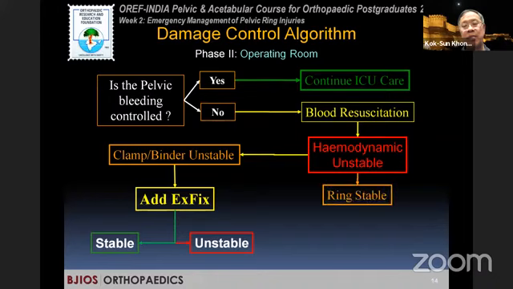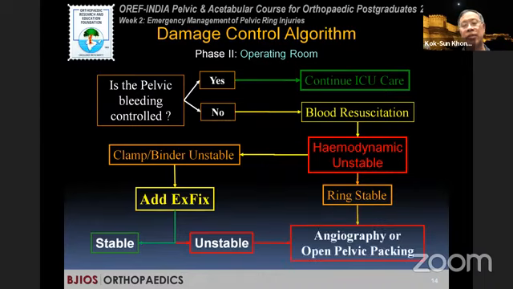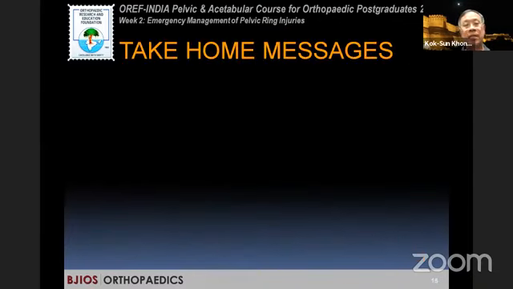If they are unstable and the ring is stable, then your next choice is either angiography in the angiography suite to look for arterial bleeds, or open pelvic packing if you think that the pattern doesn't seem to support an arterial bleed. So it depends on what services are available at your call, because if you don't have an interventional radiologist at midnight in your center, you have to do the open pelvic packing to save the patient's life. So the take-home messages are here.